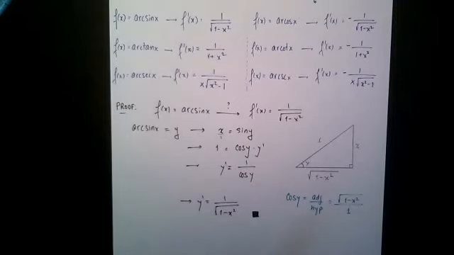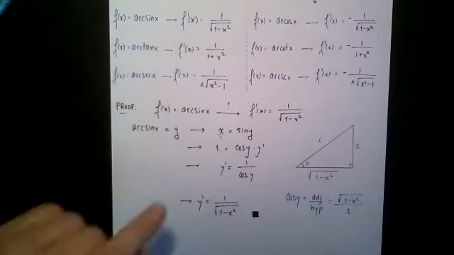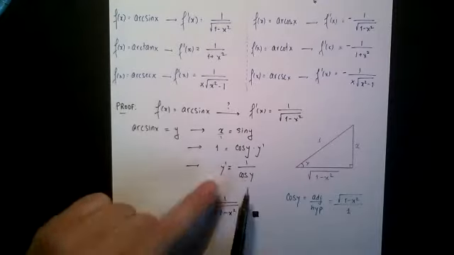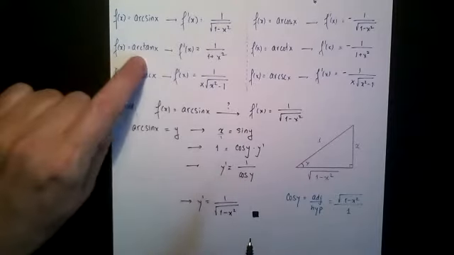Okay, that's it. So now this little process that I just did, we're going to do it 5 more times, with of course different functions. So let's now do the arctan.